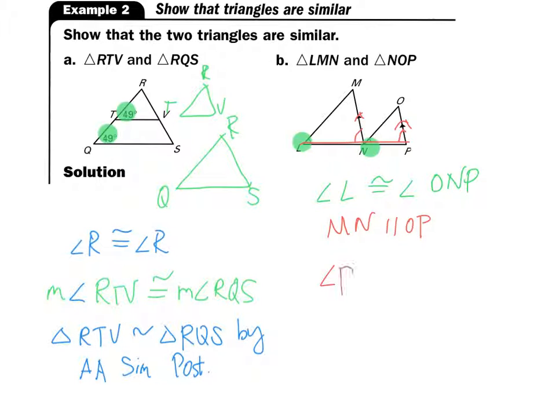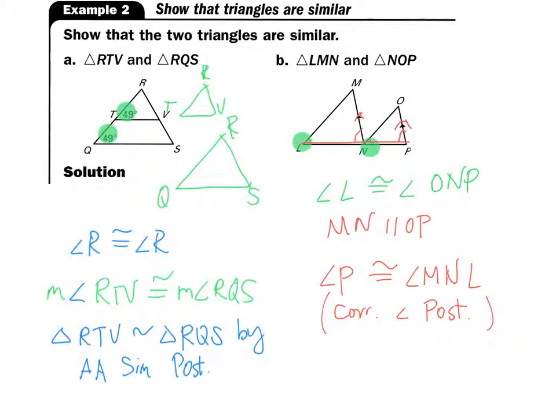So angle P is congruent to angle LMN. These two are congruent by the corresponding angles postulate. Remember, that states that when I have a set of parallel lines and a transversal cuts through these two lines, the corresponding angles are congruent.